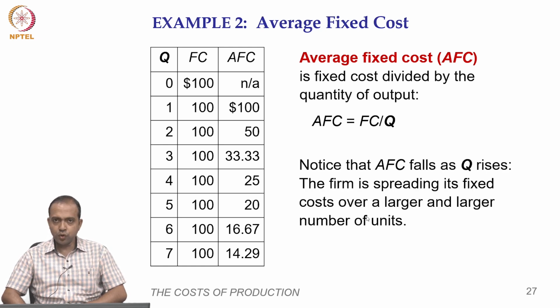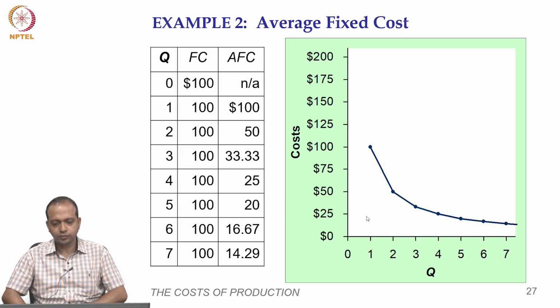So average fixed cost will always fall as you keep on increasing the size of your production. Look at the shape, continuously falling.